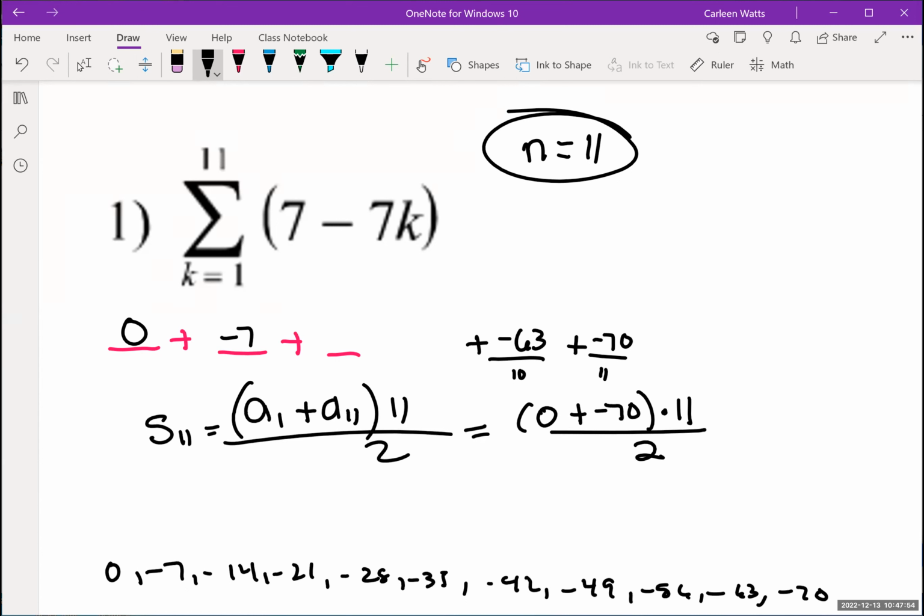Okay, you have the option. So first term plus last term. So -70 times 11 divided by 2 is -385. You can either use the formula or plug them all in.